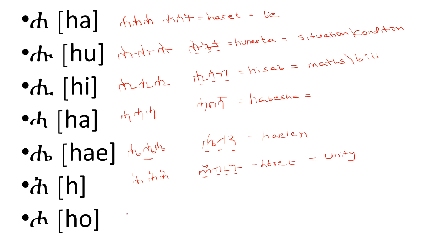The last one we will look at today is pronounced like ho. It's almost like this one, except it is the first leg that's longer in this case. And in this case, the last leg is longer.